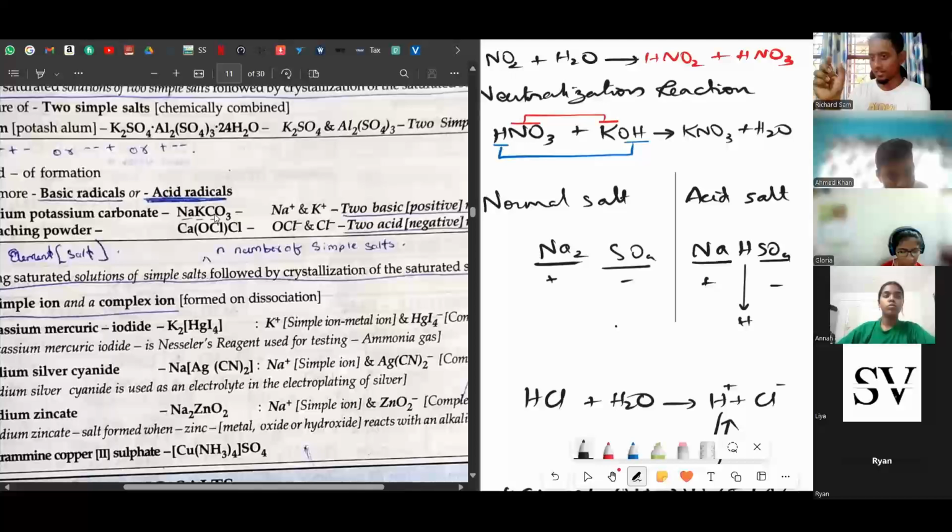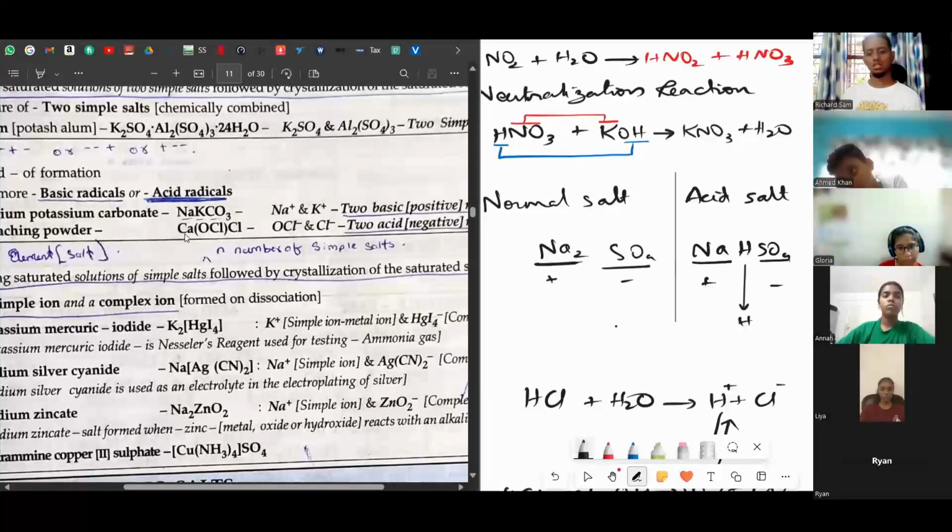Then CaOCl2: here Ca is a positive radical, OCl is a negative radical, and this chloride is another negative radical.